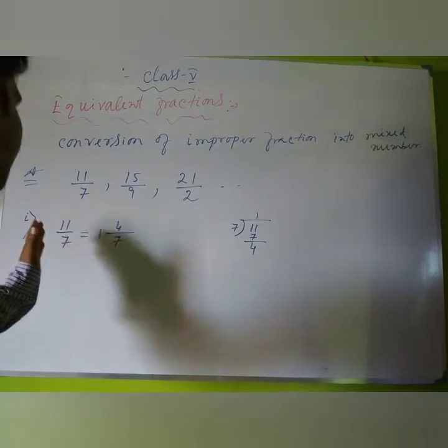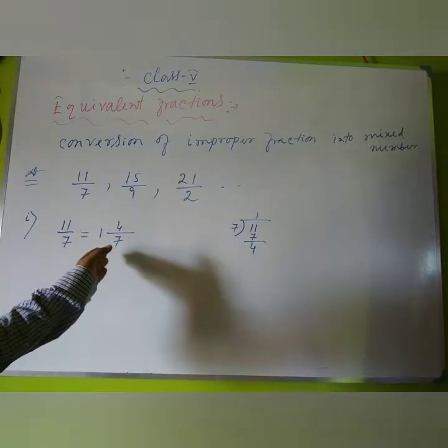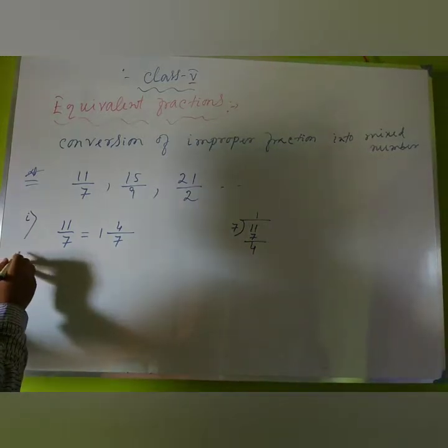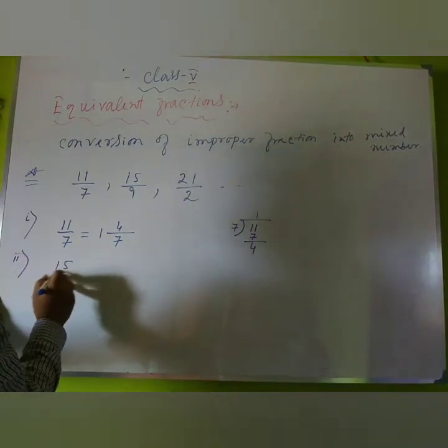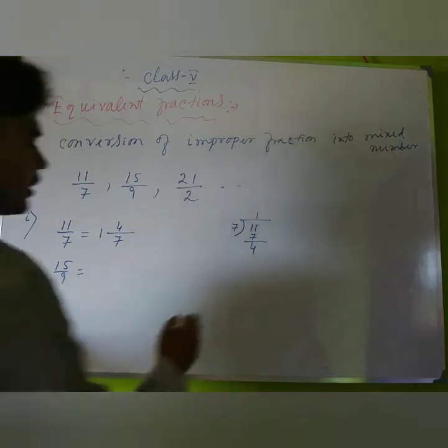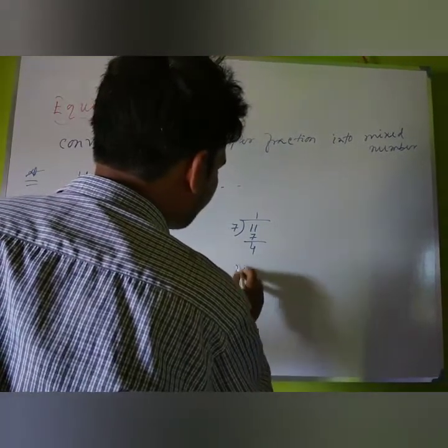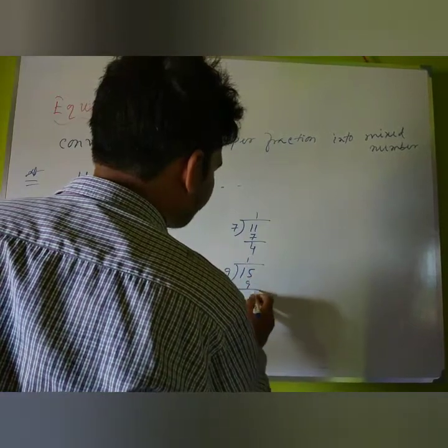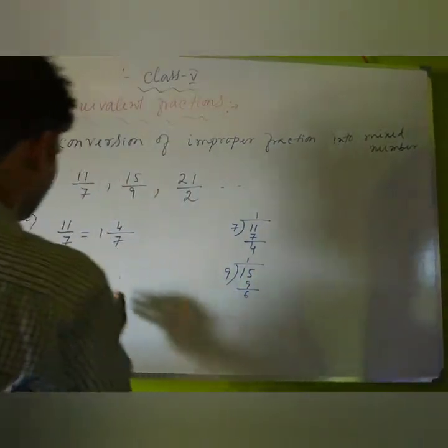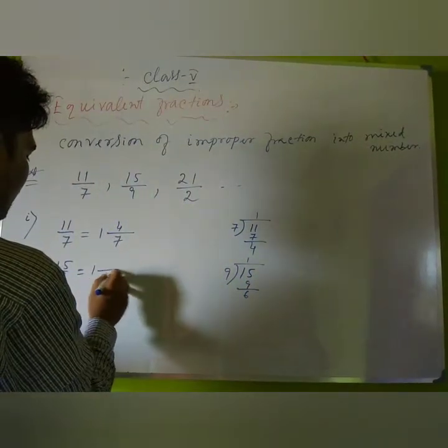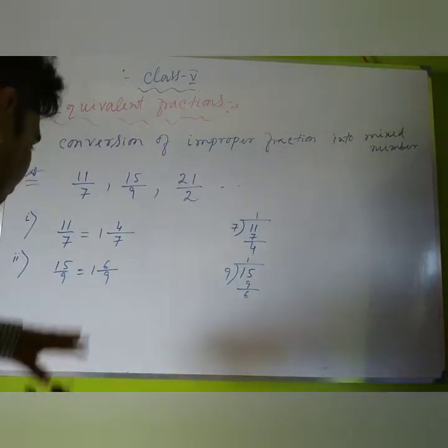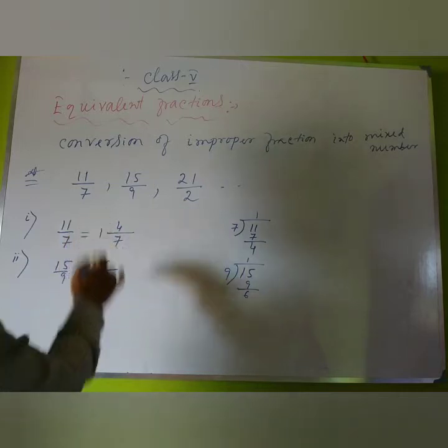So this improper fraction is written in the form of a mixed number. Just take the second number, 15 by 9. Here you divide 15 by 9, remainder 6. So 1 is the whole, 6 by 9. So it is also written in the form of a mixed number.